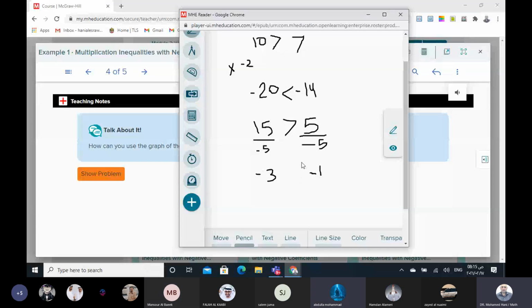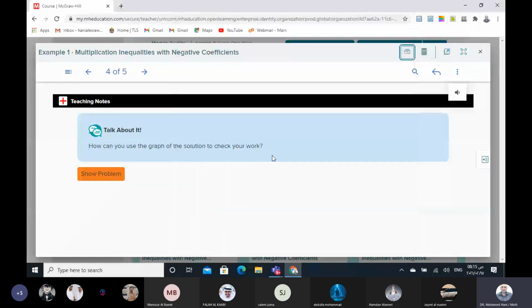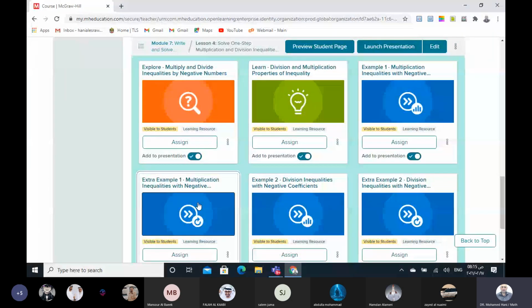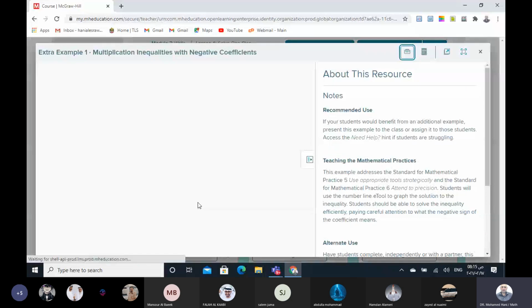No, mister. Minus 1 is greater than minus 3. Look at the sign. The sign here was greater than. Now, after you divide by the negative number, it will be less than. So every time, remember, when you multiply or divide the inequality by a negative number, change the sign.